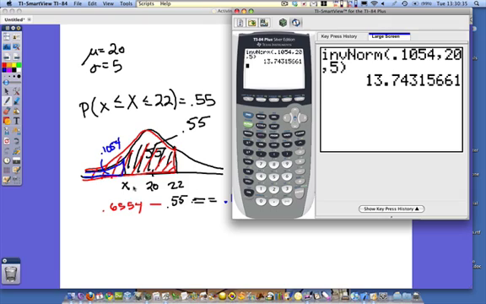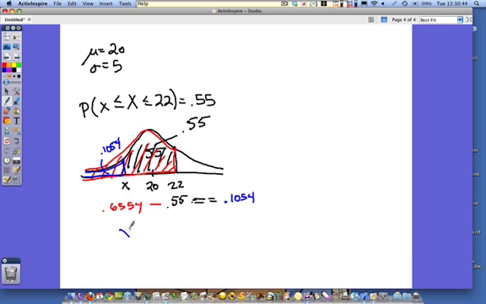It looks like this x value has to be 13.7432. So x is equal to 13.7432. And that's how you do that problem.